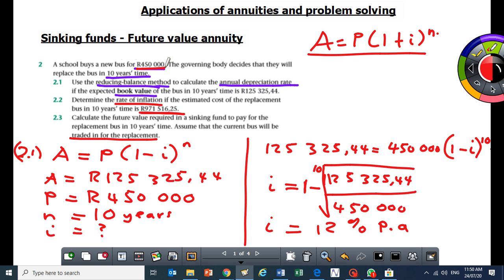All right? Then in 2.1, we are told that this is the amount that the school is going to get if they sell the bus in 10 years' time. They are going to get 125,325.44.